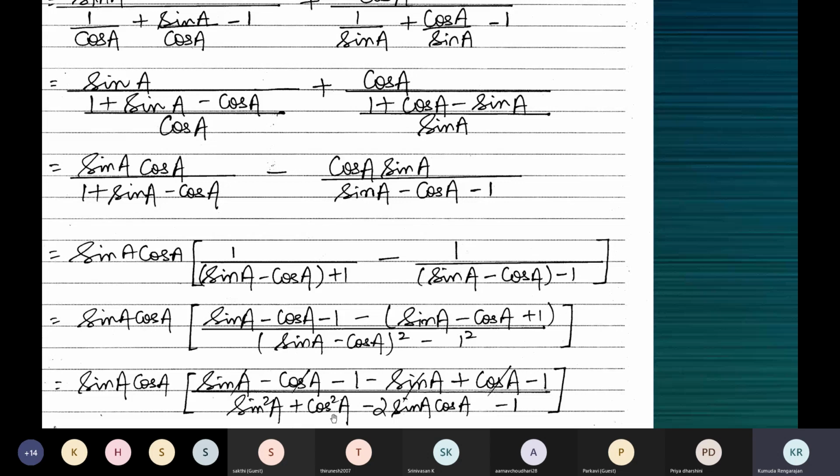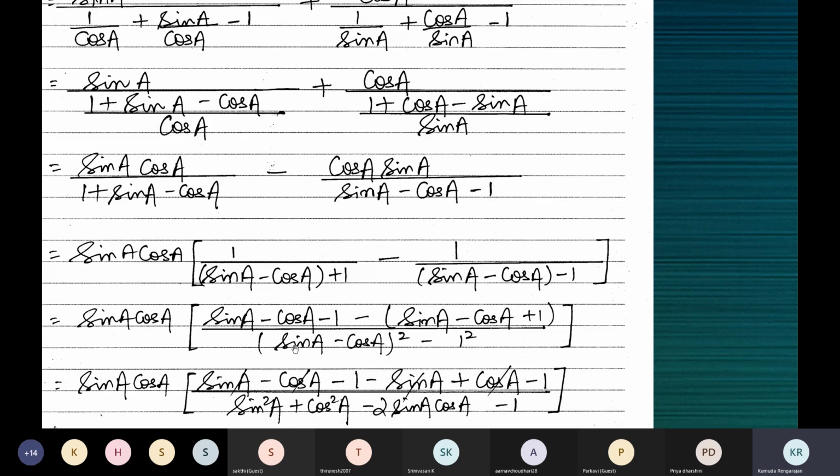And the denominator, what will happen, children? We get 1 minus 1, 0. So minus 2 sin A cos A will remain in the denominator, because in the denominator we have sin square A plus cos square A, which is 1. We expanded this: sin A minus cos A the whole square is like x minus y the whole square, so x square plus y square minus 2xy.